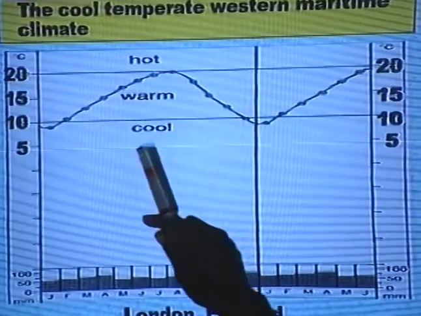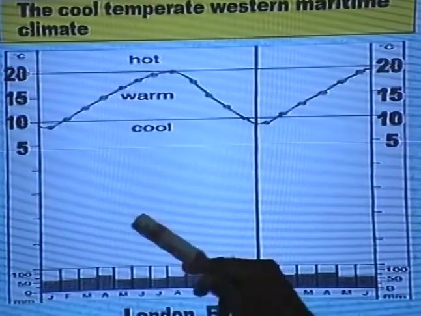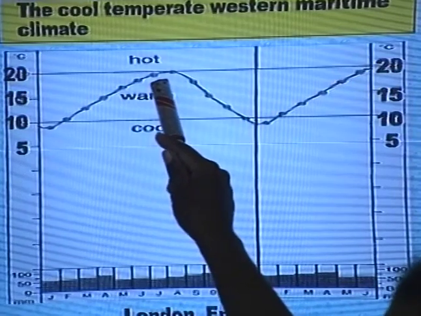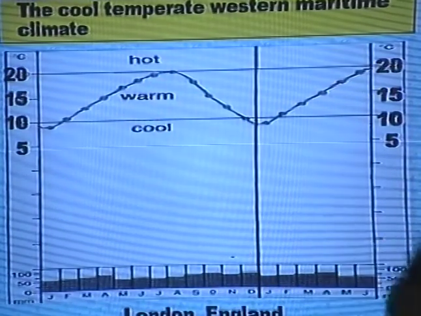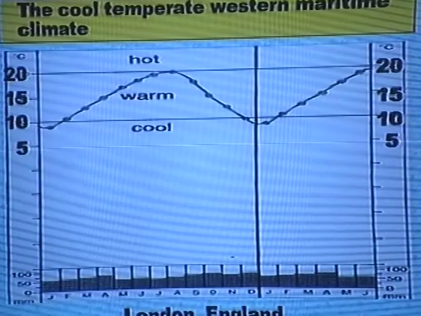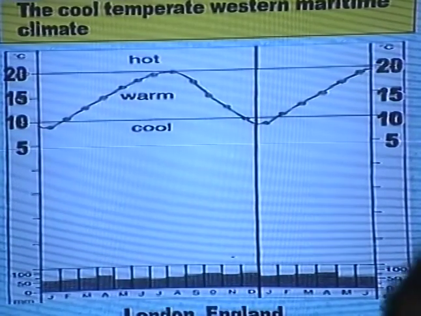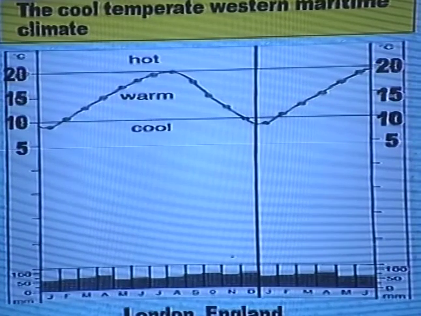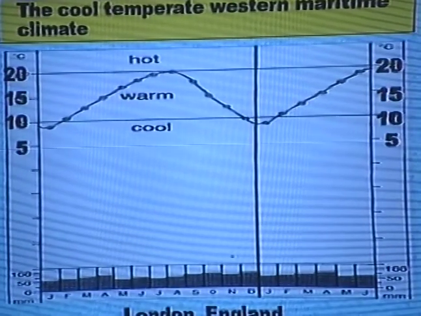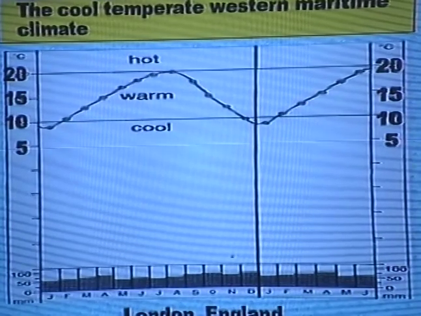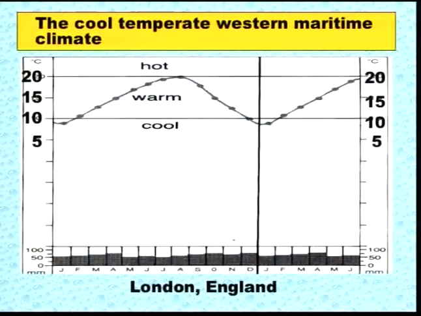The temperatures, because this is a climograph of the northern hemisphere, definitely have the bump in the middle months, because it is usually summer in the northern hemisphere then. And the dip is towards the end and the beginning months because of winter in that hemisphere at that time of the year. But generally, this is a sample of what the climograph of a cool temperate western maritime climate would look like.